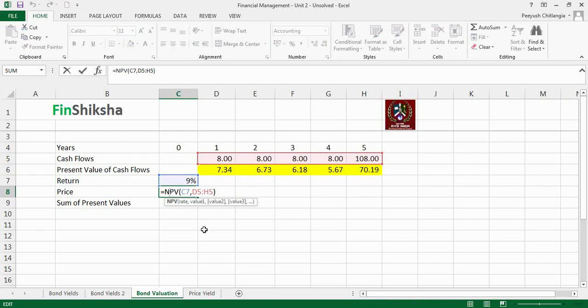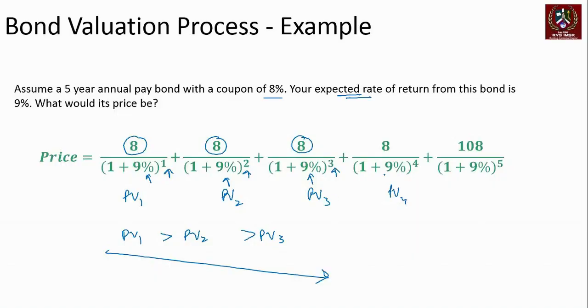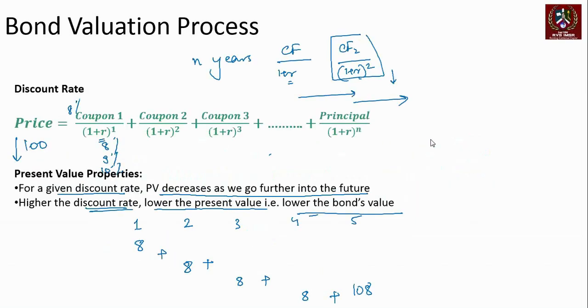And so logically, bond valuation is nothing but an extension of the concept of present value calculation that we had seen, right? That's all we are doing. That's all there is to bond valuation: every coupon has to be discounted at my expected rate of return. That's how I calculate the price.